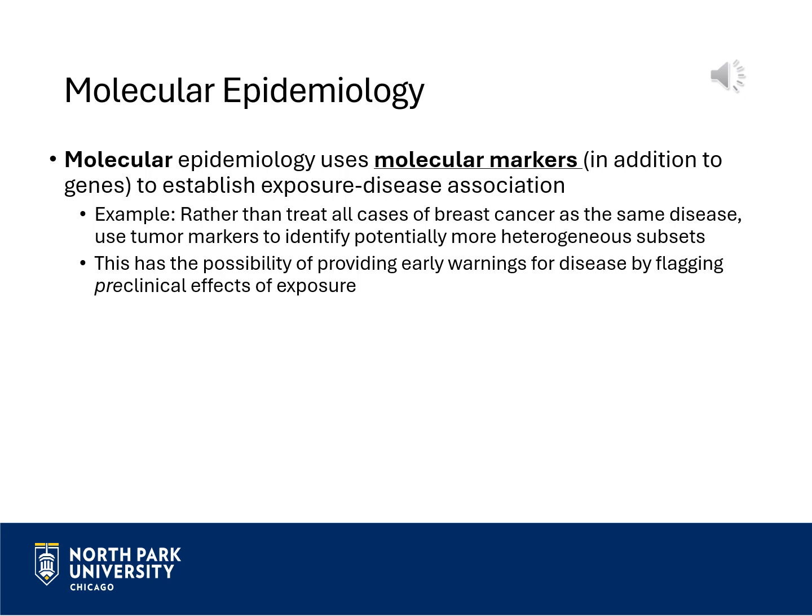So as an example here, rather than treat all cases of breast cancer as the same disease, they can use tumor markers to identify potentially more heterogeneous subsets and then to treat them differently. So this also has a possibility of providing early warnings for disease by flagging preclinical effects of exposure. So this is really the future.